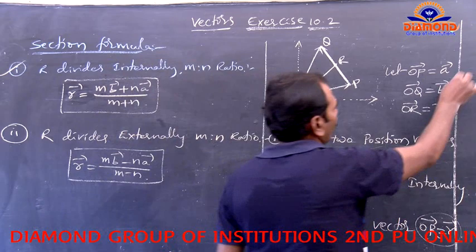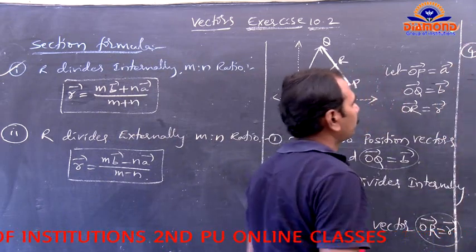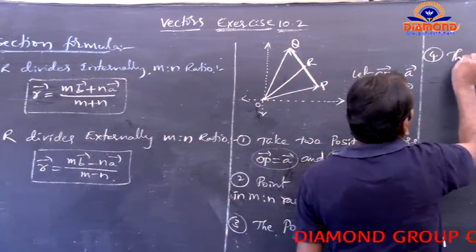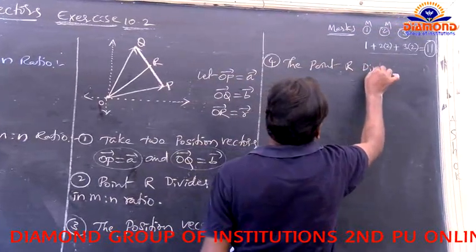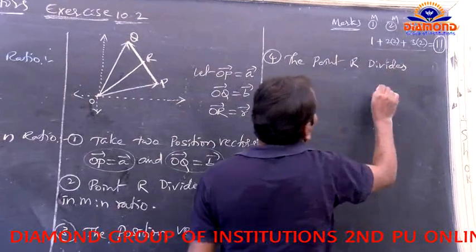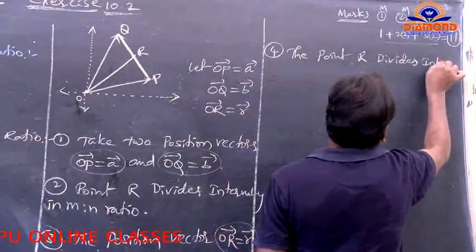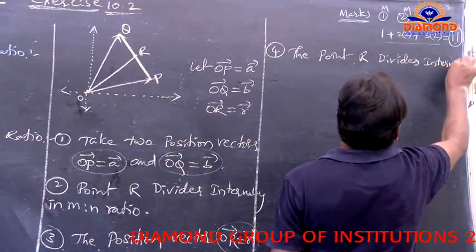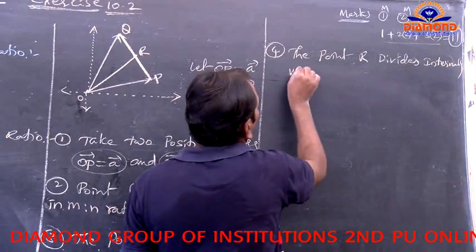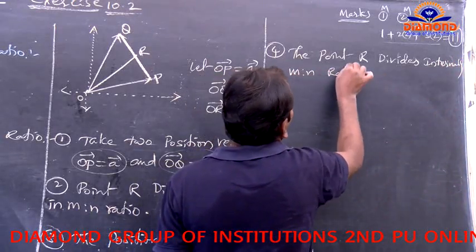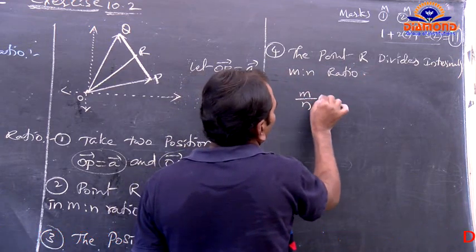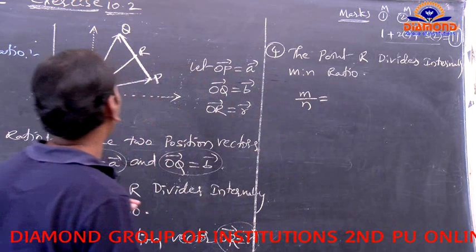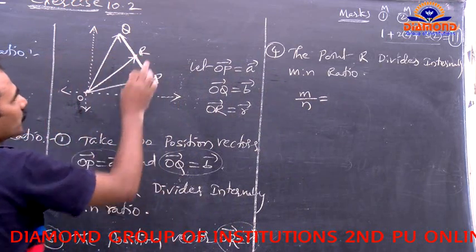Next, the fourth condition. The point R divides internally in the ratio M is to N. M by N equals m by n. This is also a position vector.